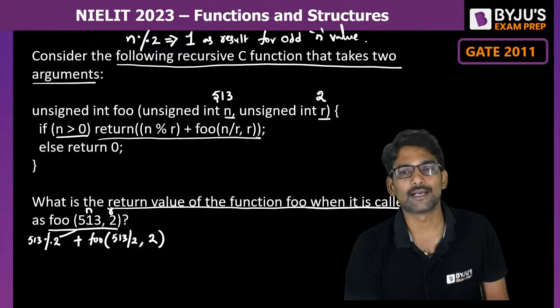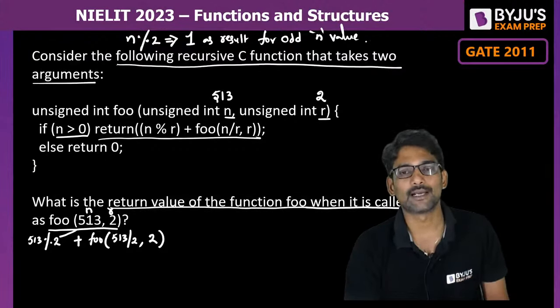If you divide by 2, any even number will give you remainder 0. An odd number only gives you remainder 1. So, with that trick, directly we can go ahead. 513 mod 2, 513 is an odd number, so it is 1 plus, and 513 divided by 2, the quotient you will get, which is foo of 256 comma 2.